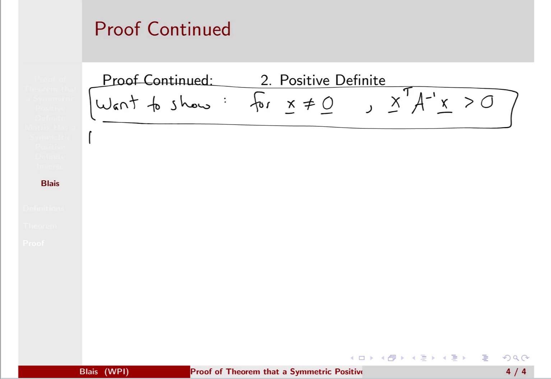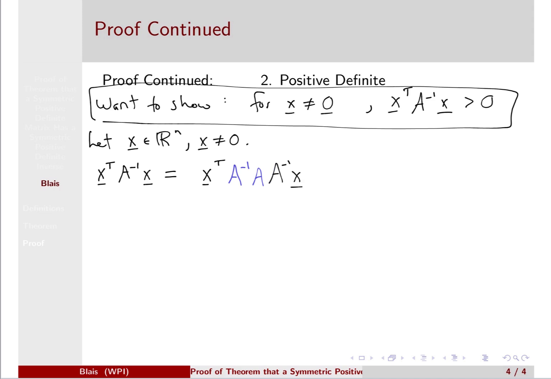Okay, so first we let x be such a vector in R^n. And let's look at x transpose A inverse x. We can insert a matrix product in here. Let's insert A inverse times A, and then we have A inverse x.